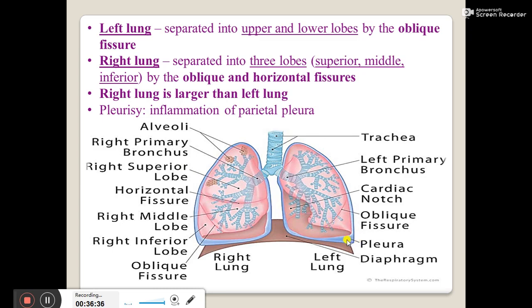Here you can see the pleura, and below the thoracic cavity is the diaphragm. The right lung is larger than the left lung, and inflammation of the parietal pleura is called pleurisy. Anything which causes inflammation in the pleural region is given the term pleurisy.